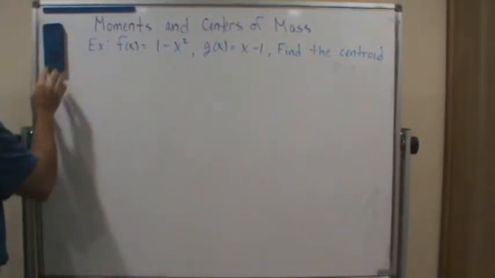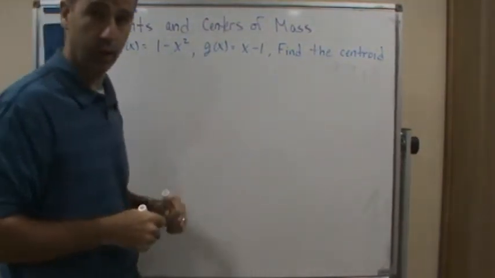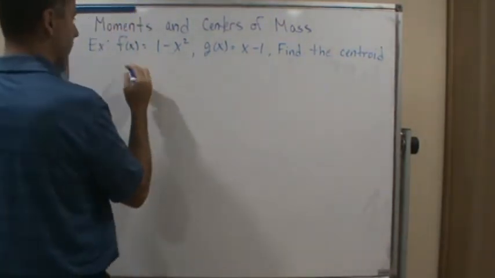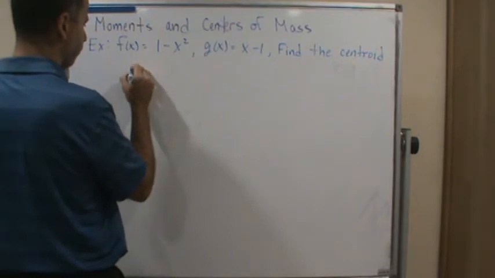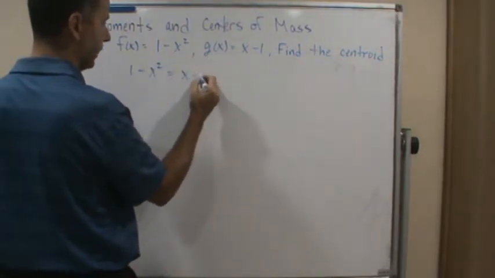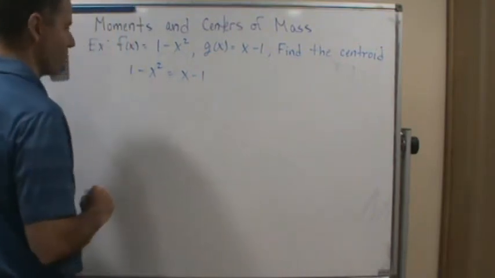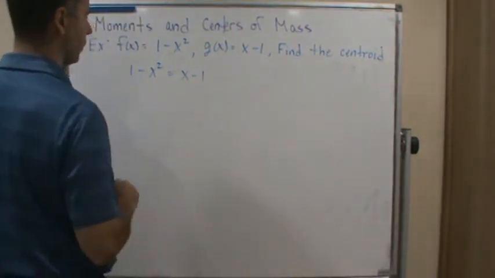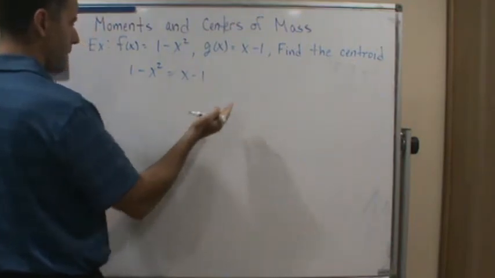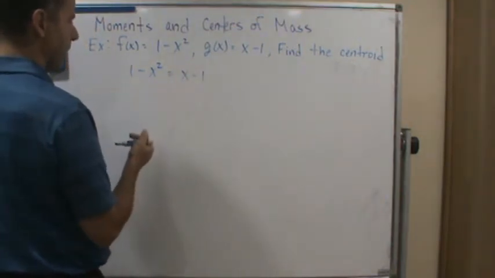Well, we set them equal to each other, right? Find out where the two curves meet. Set them equal to each other. So we do 1 minus x squared is equal to x minus 1. And now we're going to move the x's to one side.